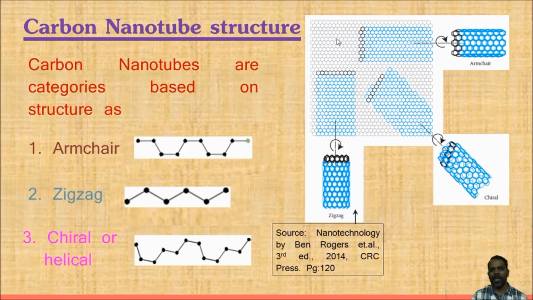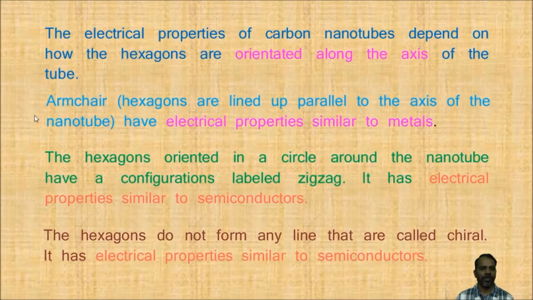Suppose we take it along the y-axis and join these two ends. We get the zigzag nanotube. Suppose the direction lies between the x and y-axis, at any angle, and we join these two parts with each other. We get the chiral nanotubes.